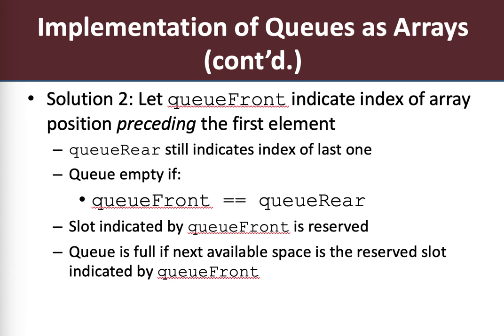The queue will be full if the next available space is the reserved slot indicated by queueFront. Finally, because the array position indicated by queueFront is to be kept empty, if the array size is, say, 100, then 99 elements can be stored in the queue.